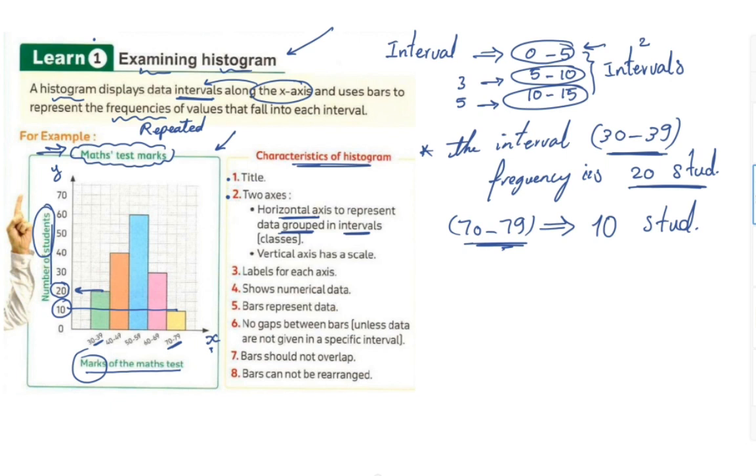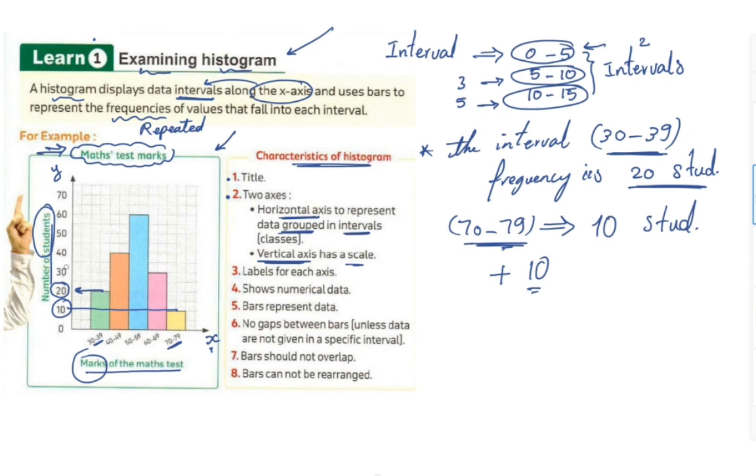Now, the vertical axis has a scale: 0, 10, 20, 30, 40. That means it increases by what? Increased by 10, from 0 to 70.